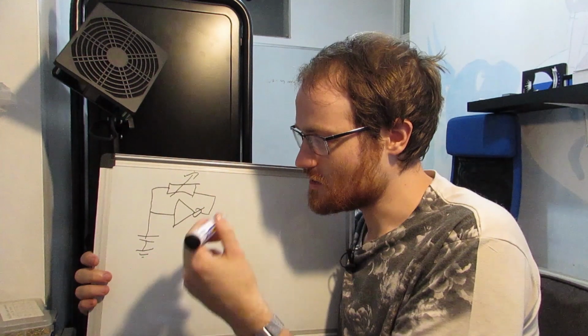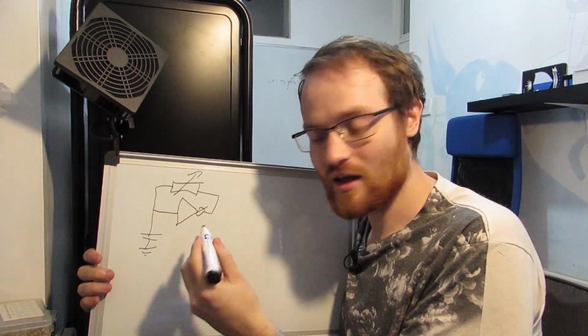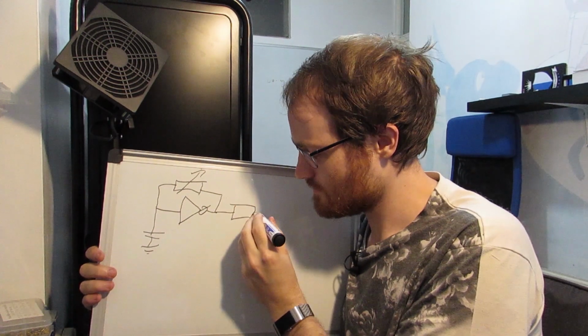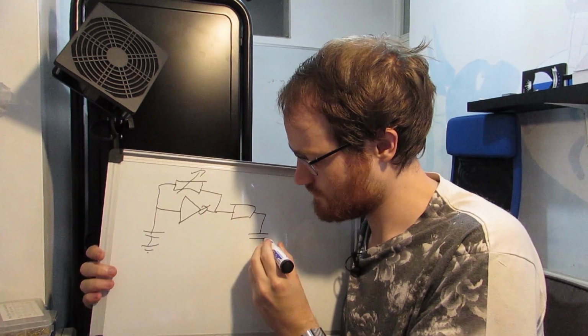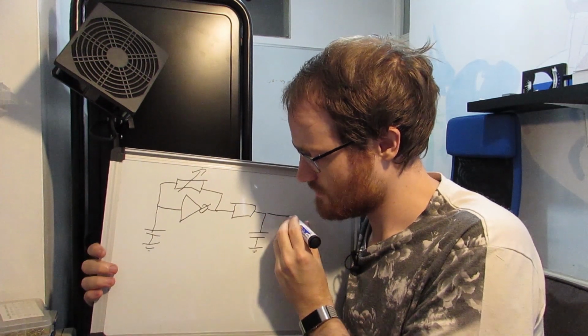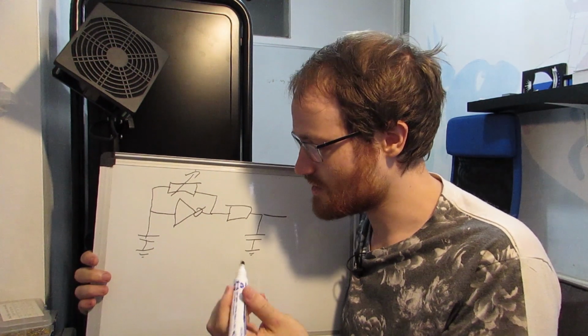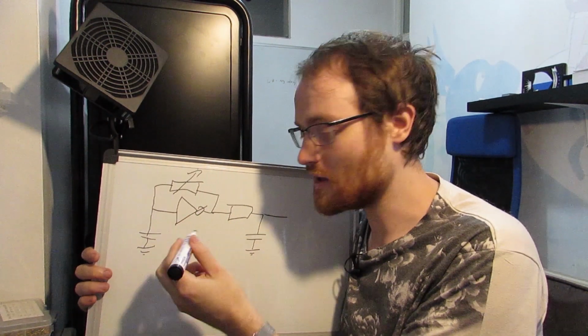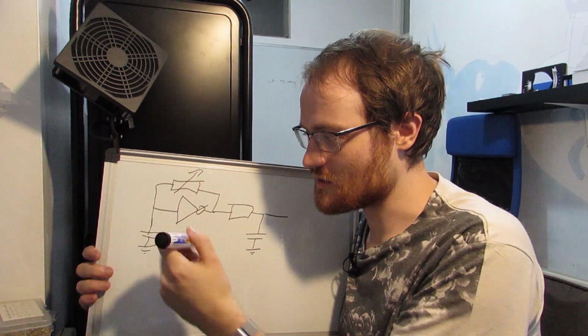So this output here is also connected now to our filter. Before, all of the current that this could provide was going through this resistor and down to here.